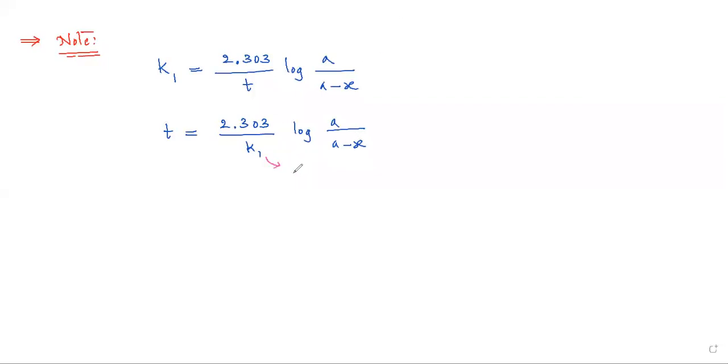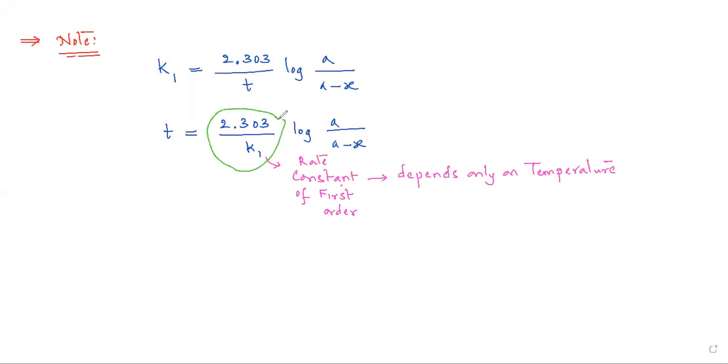K1, of course, is a constant. Remember, it depends only on temperature. Rate constant of first order. Now, removing the constants, we can write a proportionality: t is proportional to log a by a minus x.